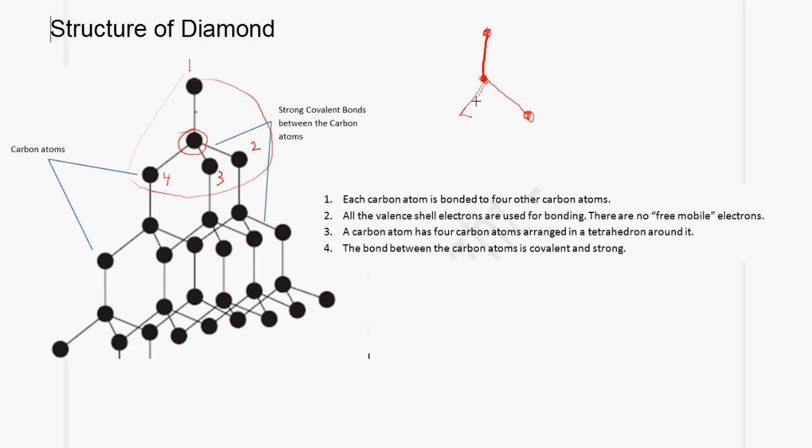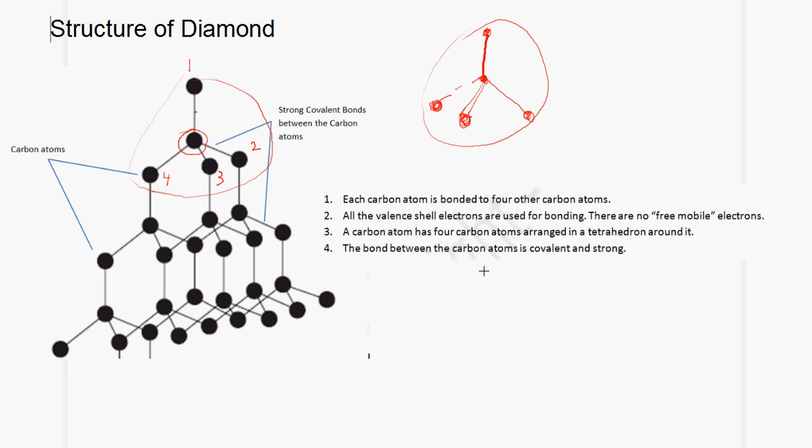Then you'll have another carbon atom that is behind the plane of the paper. And then we have another carbon atom. So this shape that you get here, it's called a tetrahedron. So that's why we say the carbon atom has 4 carbon atoms arranged in a tetrahedron around it.